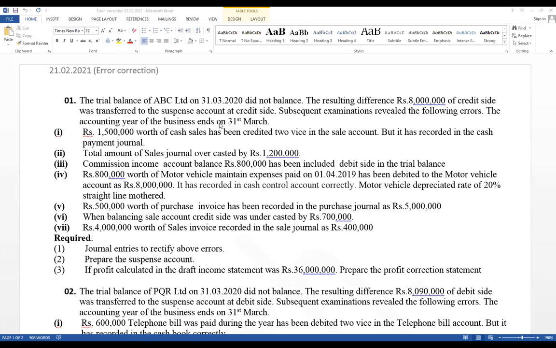In accounting, we are going to provide information to the interested parties. Therefore, when we provide information, we have to maintain quality. Qualitative characteristics mainly can be divided into two parts: fundamental qualitative characteristics as well as enhancing qualitative characteristics.